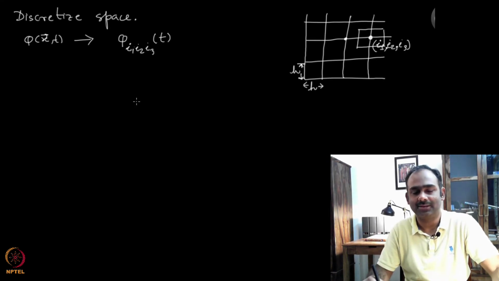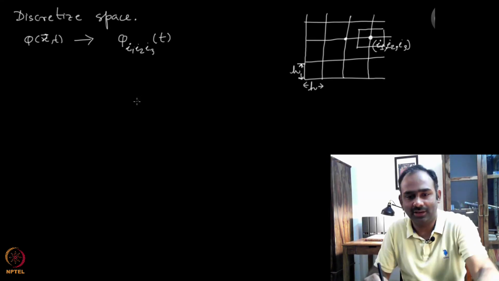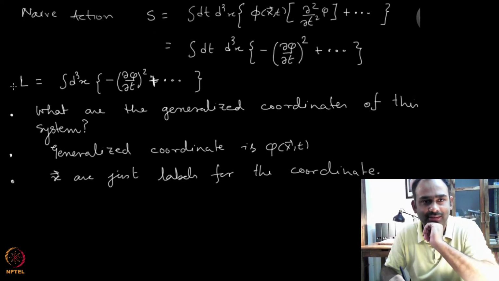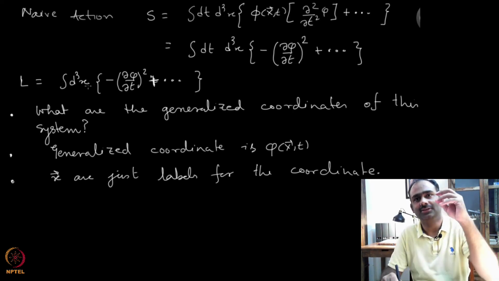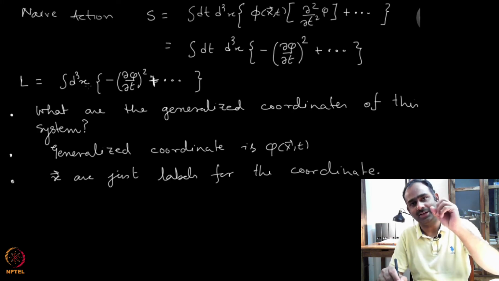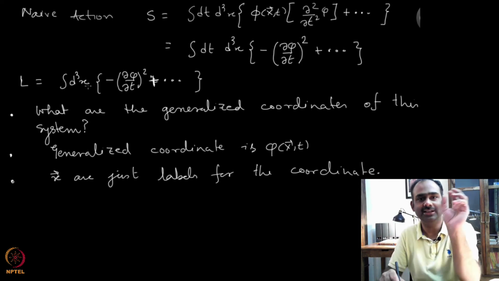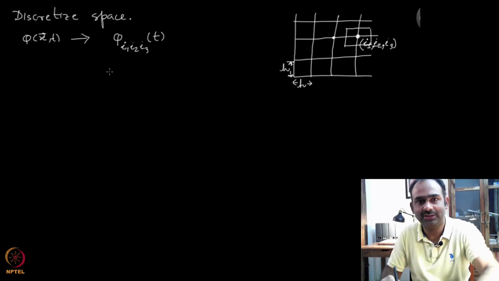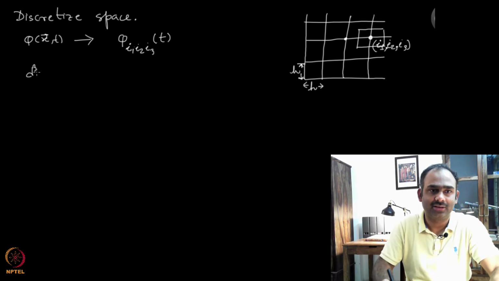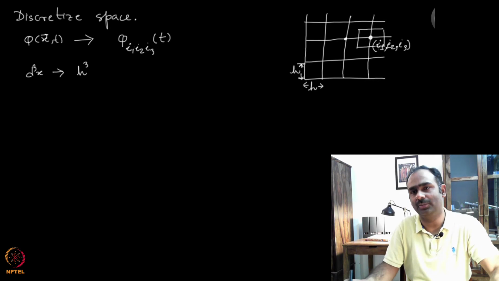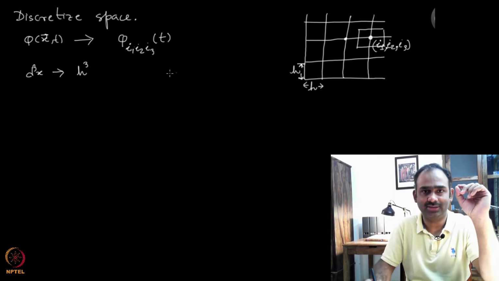Now I want to write down this Lagrangian in this discrete space. So d cube x is a small volume element, and integrating over it means summing over all the small volume elements, and each volume element d cube x will turn into h cube. We are taking h to be very, very small.